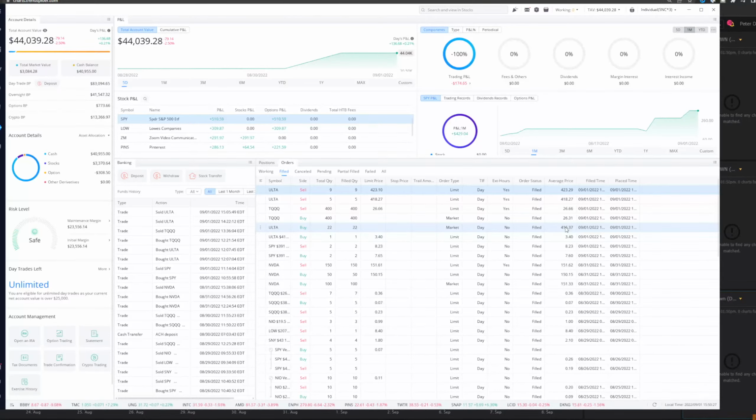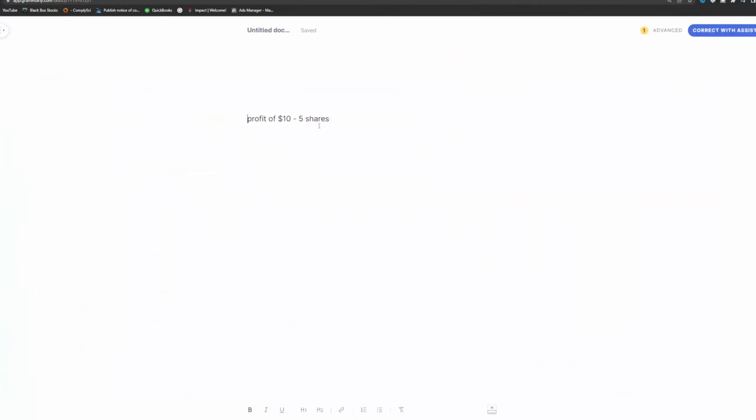And then we sold them at $4.23. So $4.23 minus $4.16 means we made $7 per share, and we sold 9. So 7 times 9 means I made $63 that time. Profit of $63 on 10 shares.